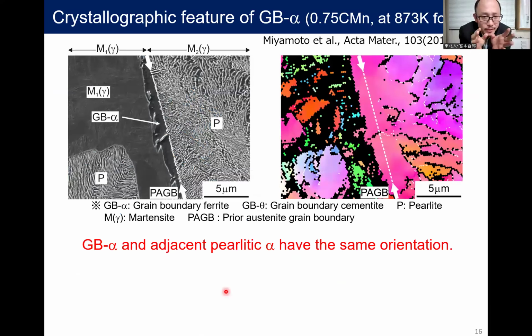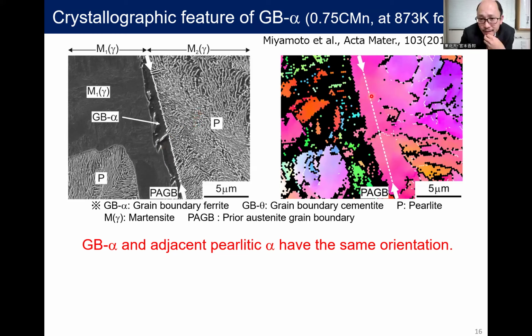So this is the microstructure in the early stage of transformation. These are the prior austenite grain boundaries. And we see that grain boundary ferrite actually forms, but on the other side the austenite transformed into pearlite. This is a ferrite orientation map measured at the same place.